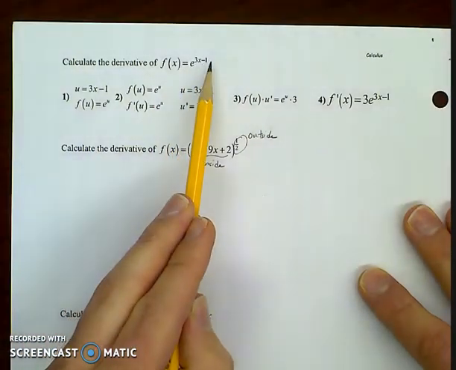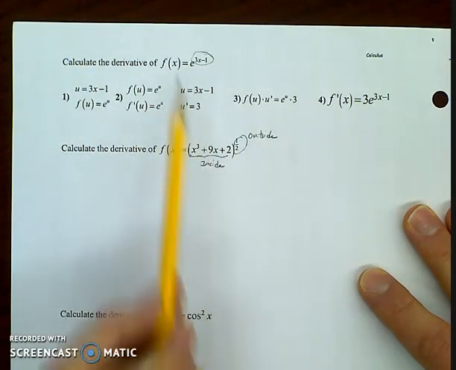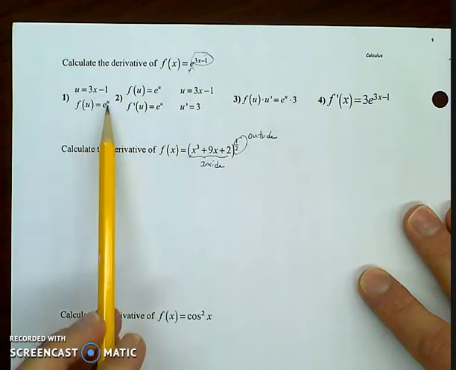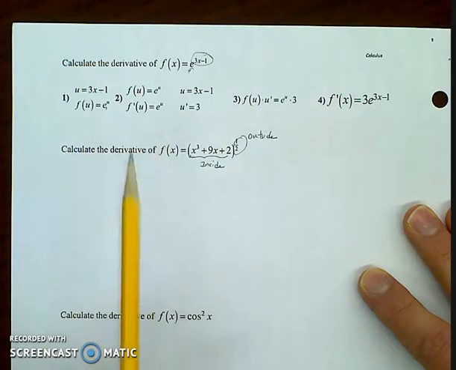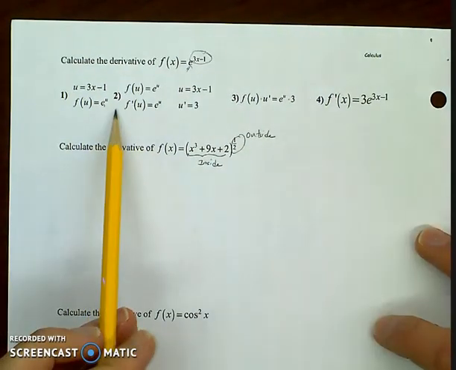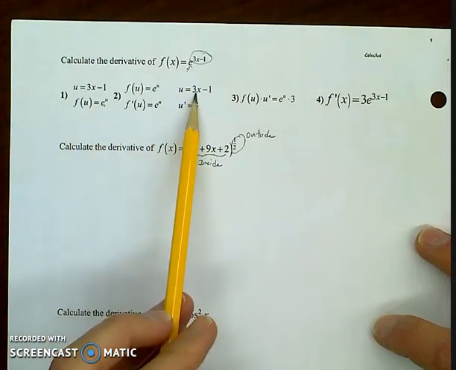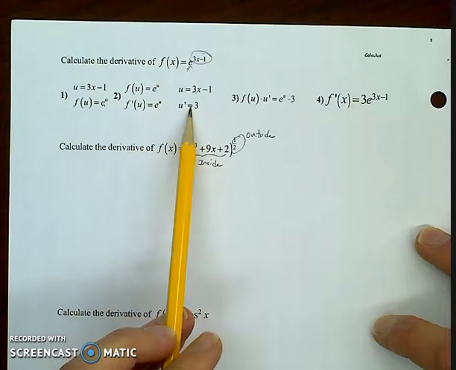E to the 3x minus 1. Outside, that's the exponent, the inside is e to the u. So we got 3x minus 1, e to the u. The derivative of e to the u, even though we have not gone over this, is e to the u. So we get e to the u is e to the u. U prime of 3x minus 1 is 3.